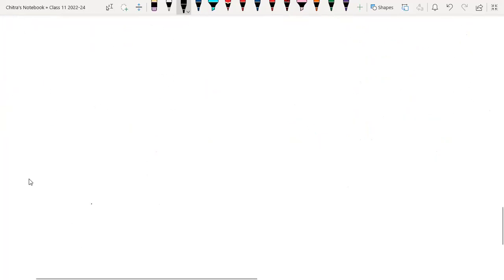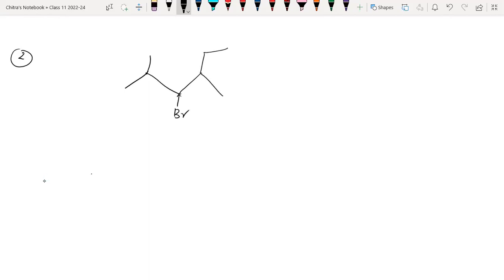Okay, next example, second. So I'm using bond line structure now, only bond line structure. Okay, so this is the bond line structure. You know what it is?